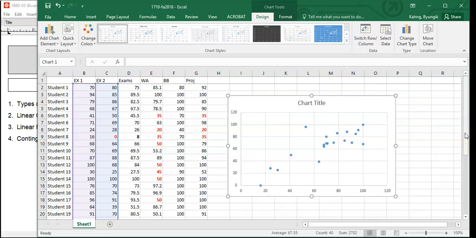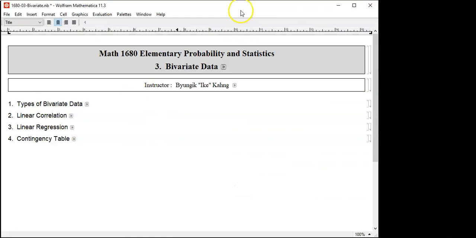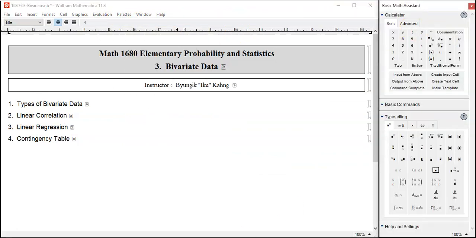That's how you use technology. One more thing here. Go to plus here, and then you can even find the trend line, the line of best fit. We're going to talk a little bit more about this trend line or the regression line in section 3 of this notebook. Okay. So much for section 1, and we'll meet again in a separate video for section 2, 3, and 4.